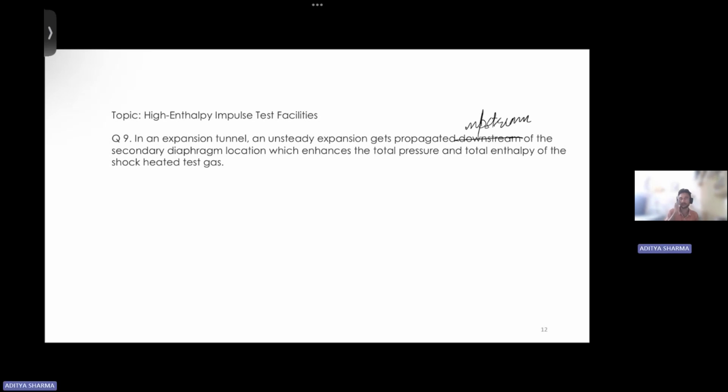That is also the case for a shock tube. In shock tubes also, when the diaphragm ruptures, we see an expansion fan upstream of the diaphragm. So this is a false statement.